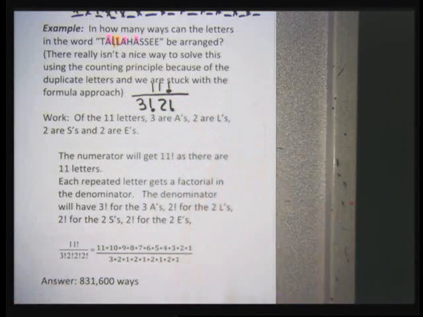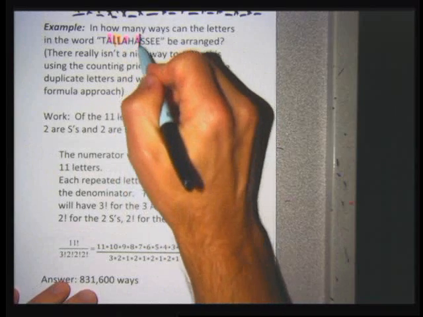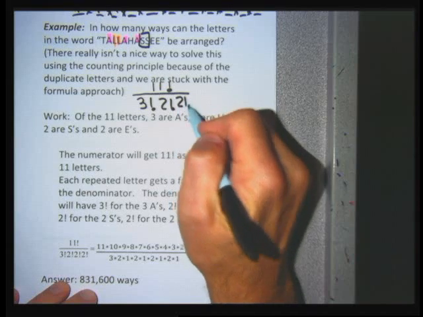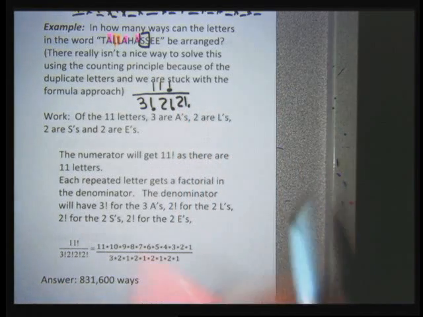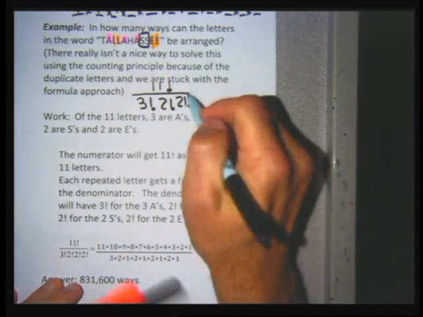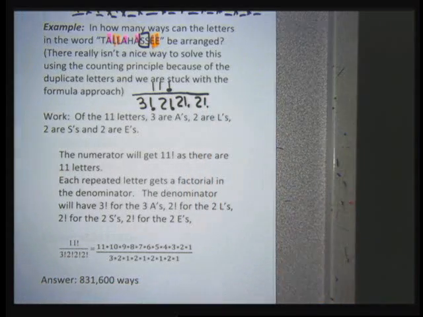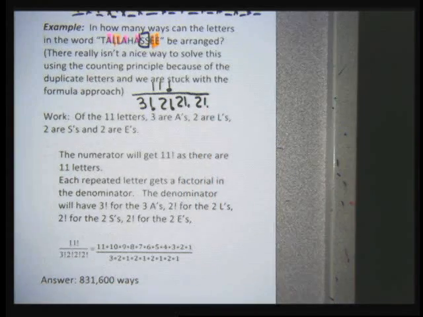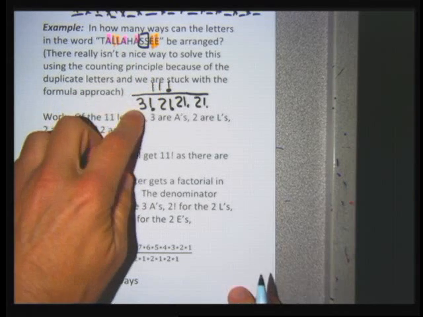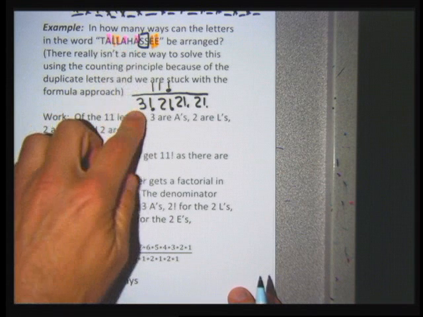The H isn't duplicated, but the S's are duplicated, so the denominator is going to have a 2 factorial for the 2 S's. And the E's are duplicated, so the denominator is going to have a 2 factorial for the 2 E's. So to find out how many different ways there are to order a group of letters when there's duplication, you form a fraction. The numerator has the total number of letters factorial, and the denominator has a factorial for each letter that's duplicated, the number of times it's duplicated.